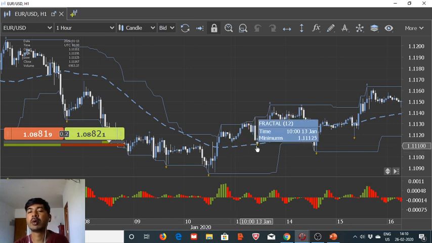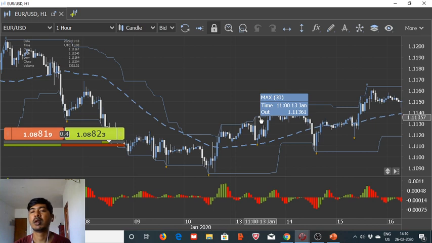Here also the SMA is 1.1112, and the maxima is 1.1136. So that's a 24 pips difference.